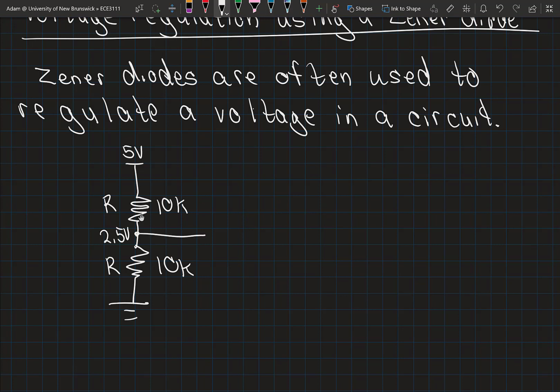So to maintain 2.5 volts at the midpoint of this voltage divider, it's really important that we don't draw any current from the center point, right?